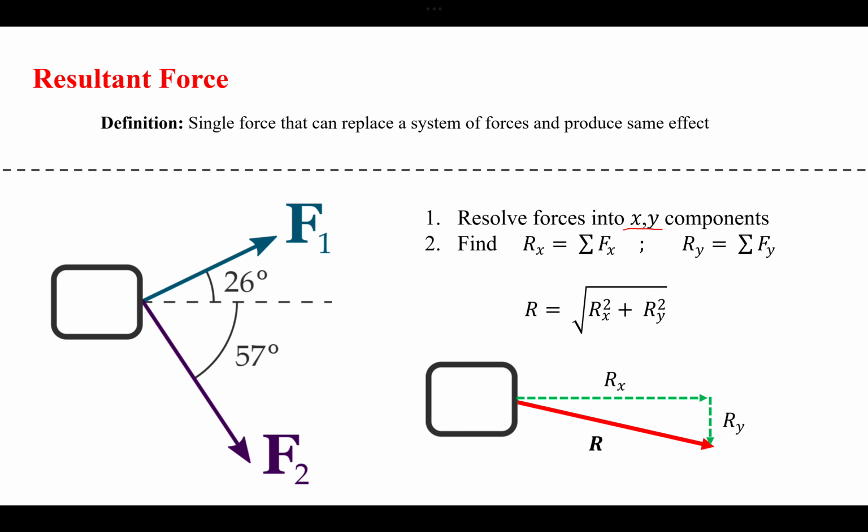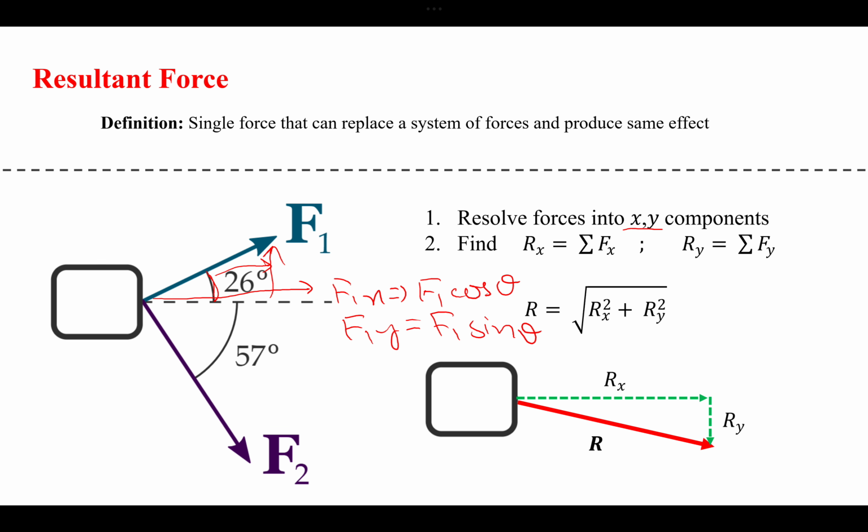Now for F1 we have F1x, which will be equal to F1, and because it is adjacent to theta, we will use cos theta to calculate it. Alright, and then similarly there will be a y component of F1 which is perpendicular to theta, and that's why we will use sine theta to calculate it. So that will be F1 sine of theta.